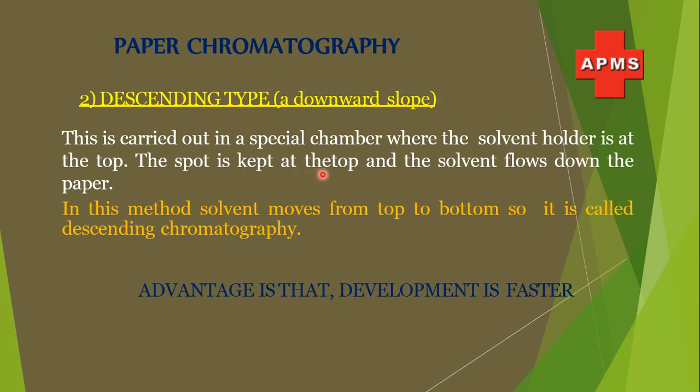The spot is kept at the top and the solvent flows down the paper. In this method the solvent moves from top to bottom, so it is called descending chromatography. The advantage of descending chromatography is that its development is faster, because here gravity also supports the movement of the mobile phase.